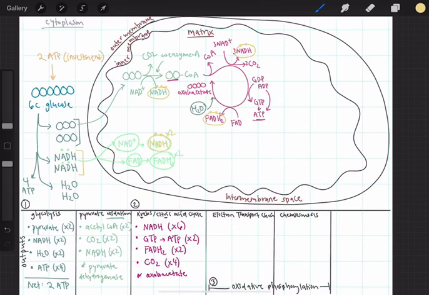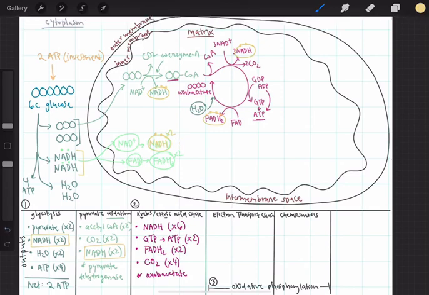So these are the sources of very high energy electrons that can be donated to the electron transport chain. How many NADH molecules do we actually have? So if we look down here in our first 3 boxes, let's box the number of NADH molecules that we have. We have 2 NADH molecules from glycolysis that is represented right here.